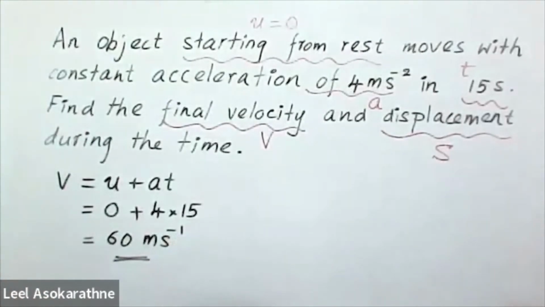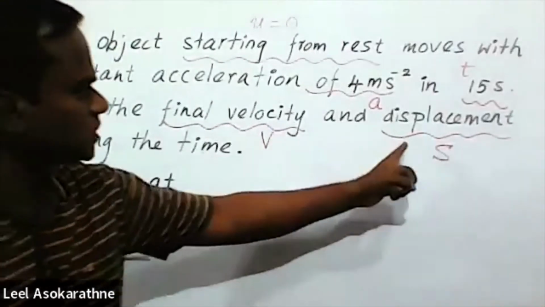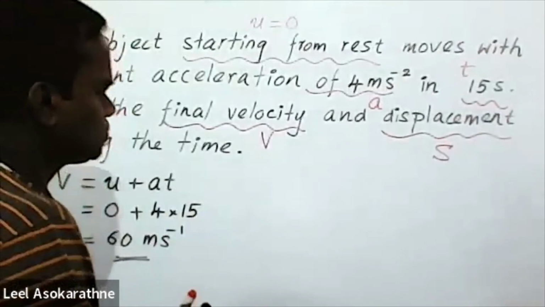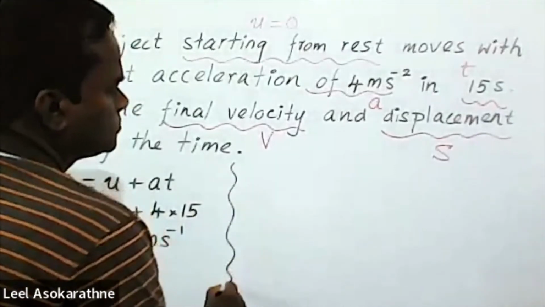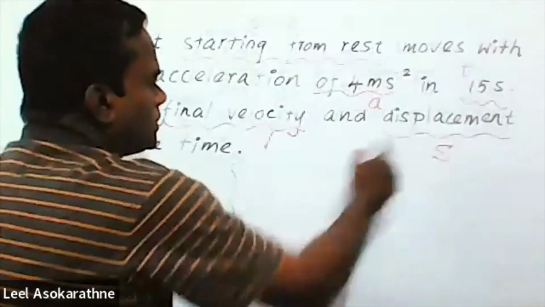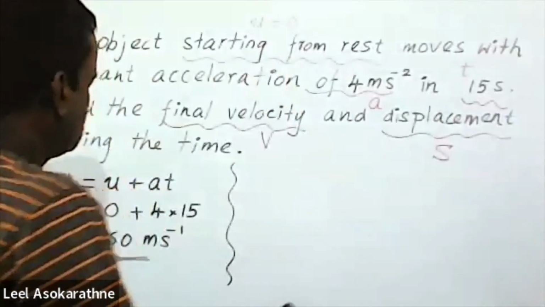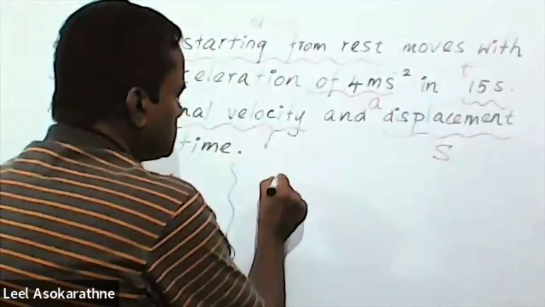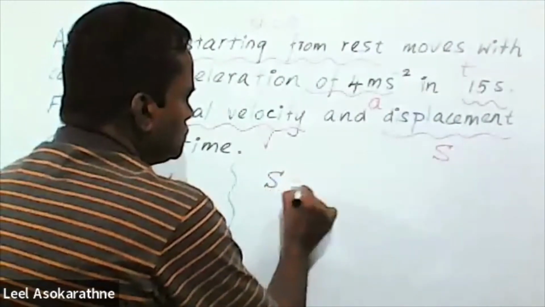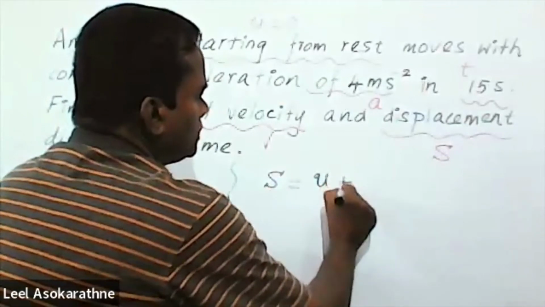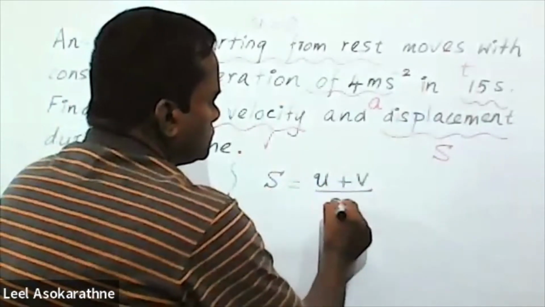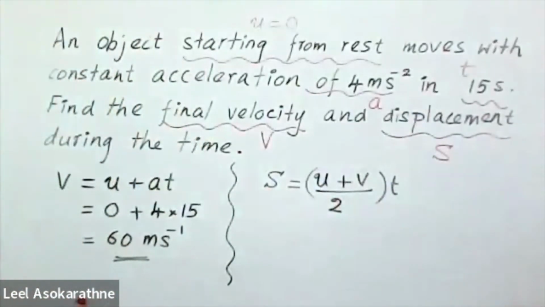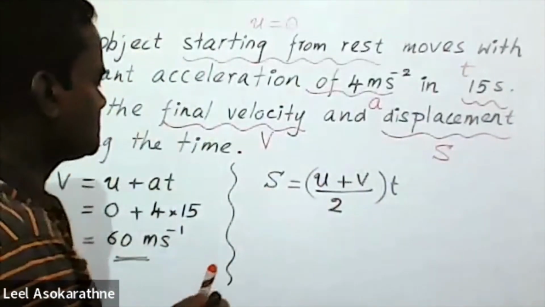Not only that, they ask about displacement here. Simple. When you consider displacement, s, u, v, and time. s = (u + v)/2 × t.